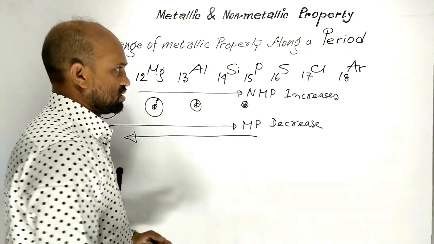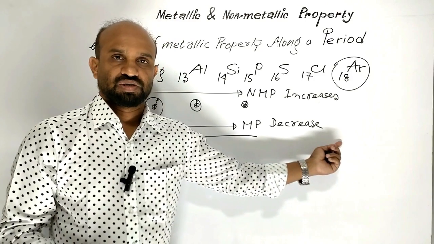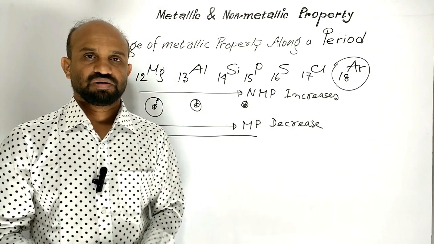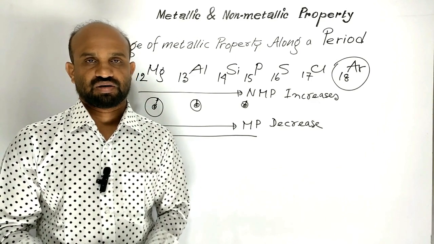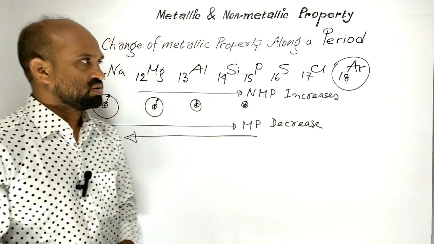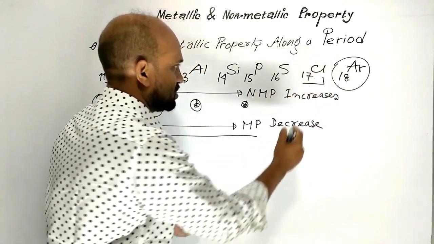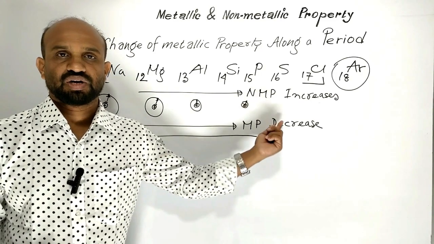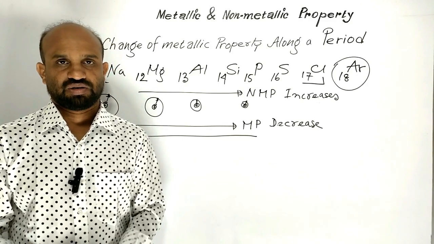Here, argon is taken out of consideration because argon is a kind of inert element. It has no electron donating and accepting character. Except argon, from sodium to chlorine, metallic property decreases from left to right and non-metallic property increases from left to right.